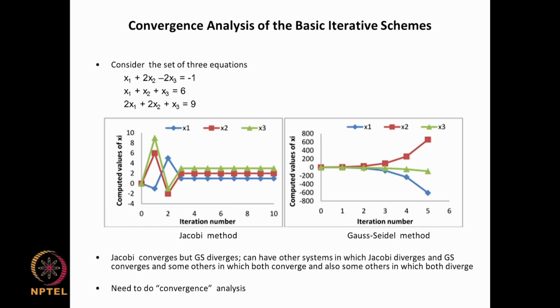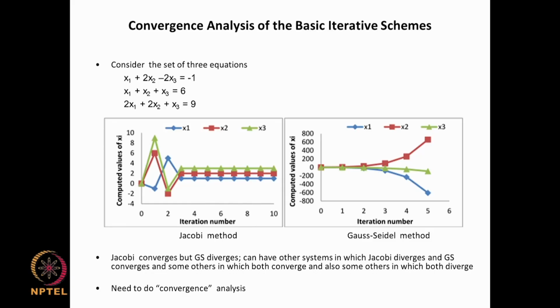To write a program for Gaussian elimination will take a lot more effort than for the Gauss-Seidel or Jacobi method. But for the simple 3 by 3 that we have seen in this class, we can see that the method is not converging, and we also made the point that this is only a special case, and there are cases where the Jacobi method will not converge and the Gauss-Seidel method will converge.